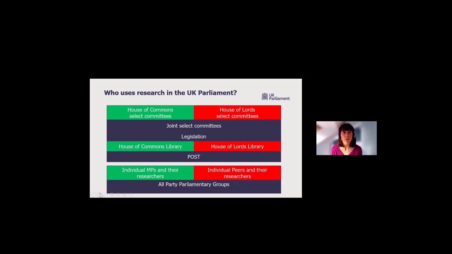Individual peers and their researchers, again, their staff who are supporting them. And all-party parliamentary groups, which I will tell you a little bit more about later as well. So what I'm going to do is take you on a whistle-stop tour through these parts of Parliament. I'll give you a little bit of information about how they work and how you as a researcher might want to feed in your research.